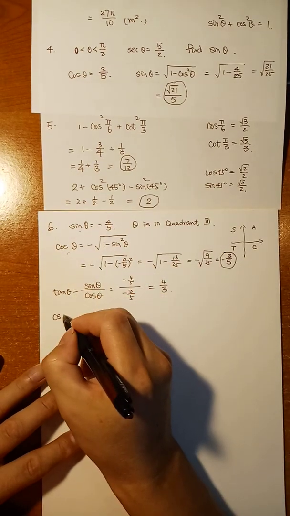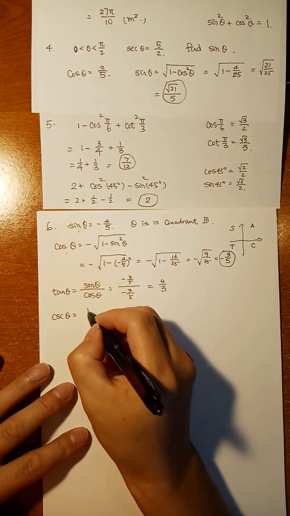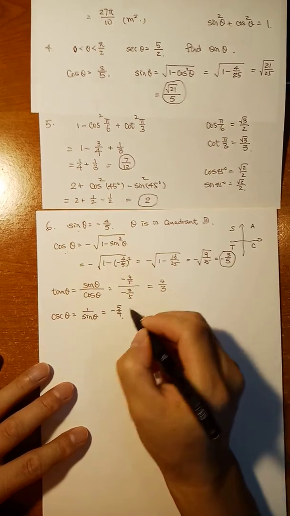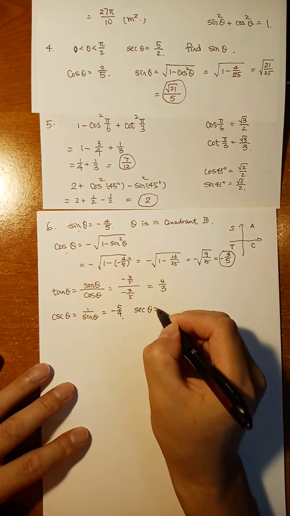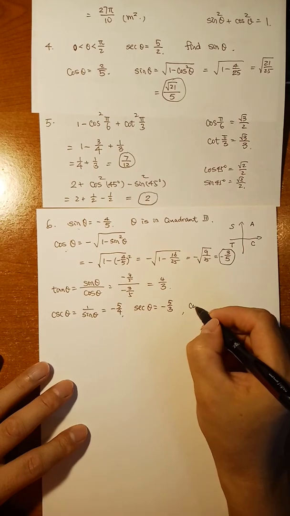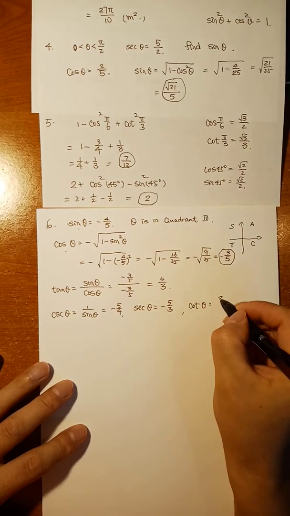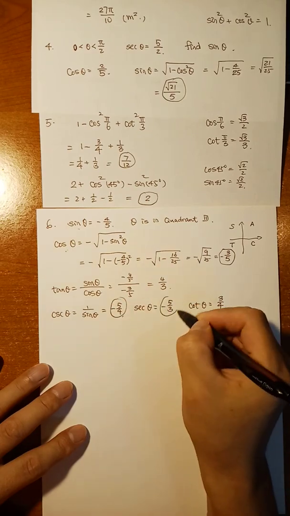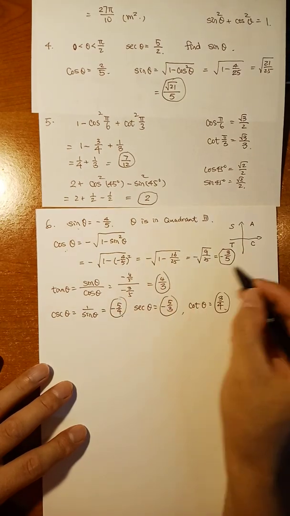So cosecant theta is the reciprocal of sine, which is negative 5 over 4. Secant theta is negative 5 over 3. Here, you flip it. And the cotangent theta is 3 over 4. You flip this one. So you have 1, 2, 3, 4, and 5.